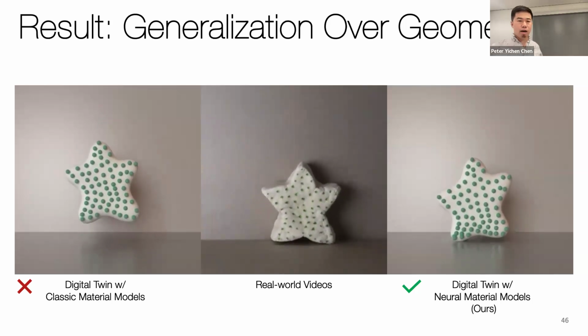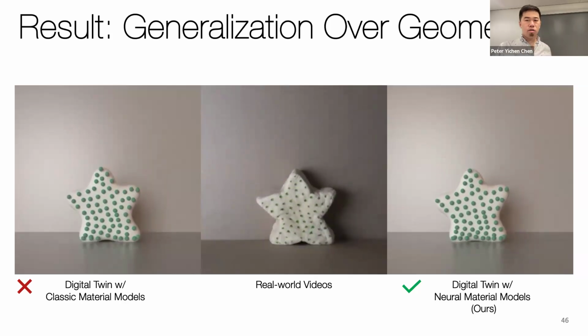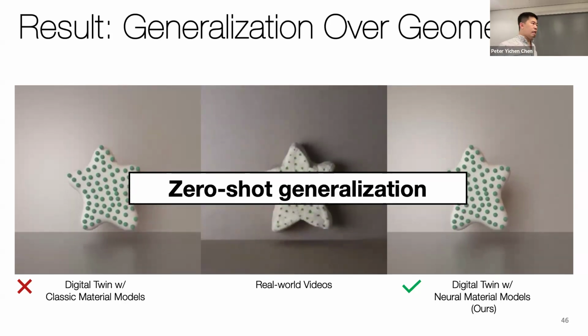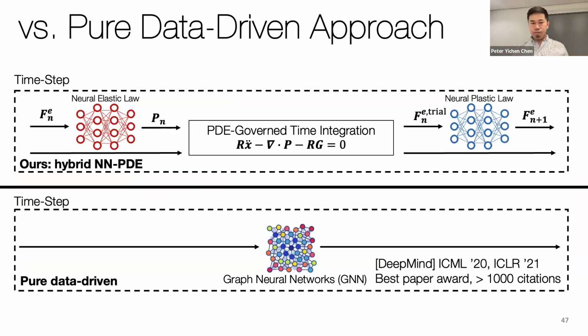This is probably not surprising because we're still solving these equations, we're just learning a material model that is different. In machine learning language, this means zero-shot generalization. So it works well. This is really a hybrid neural network PDE approach.